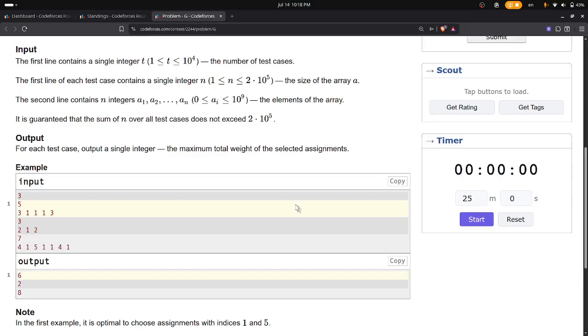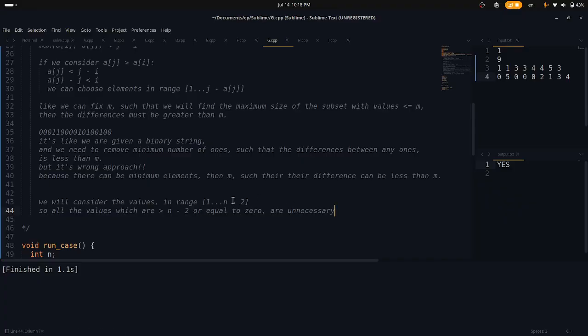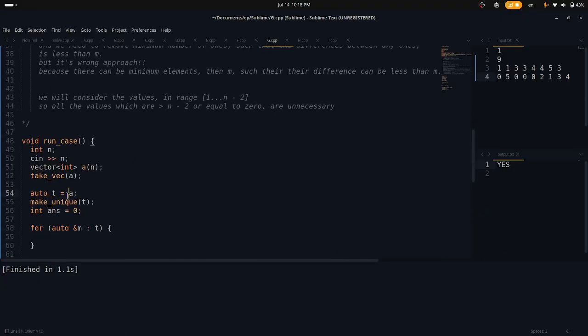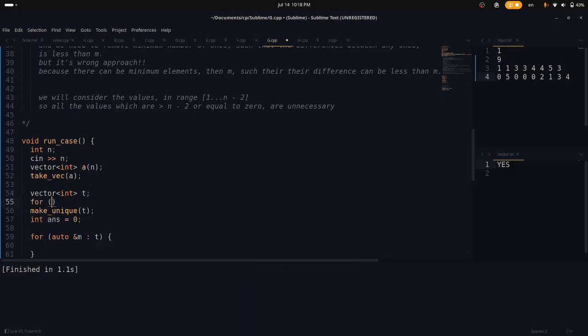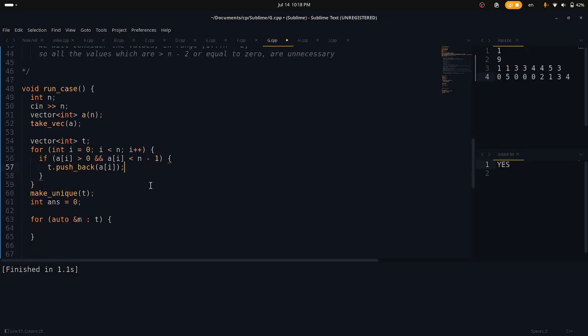Since now the values are basically also, let's do this thing. These values are necessary. Okay.